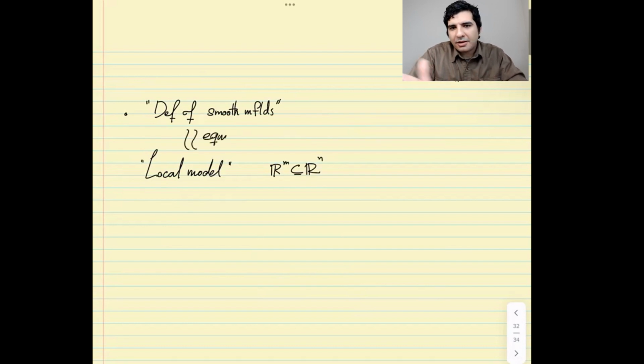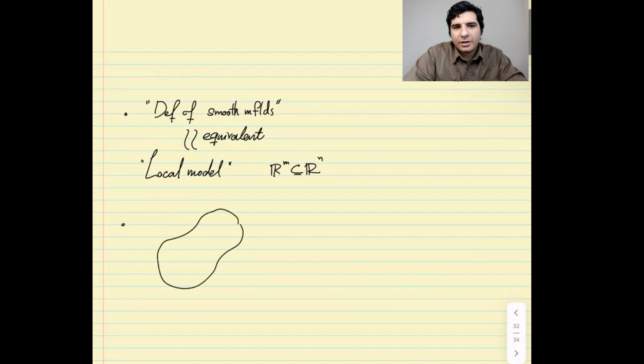Saying M is a submanifold of N if the inclusion is an embedding, or saying M is a submanifold of N if at each point there's a diffeomorphism taking it to Rm inside Rn. These two things are the same. In the next part of our discussion, we are going to prove that these two things are equivalent.